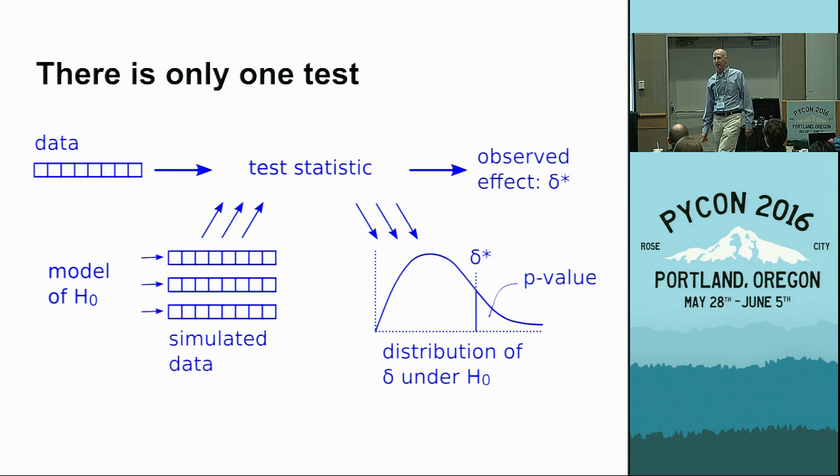And that is a p-value. Except instead of doing it analytically, I'm going to do it by counting. I'm just going to generate simulated data, compute delta, and count how many times delta exceeds delta star.